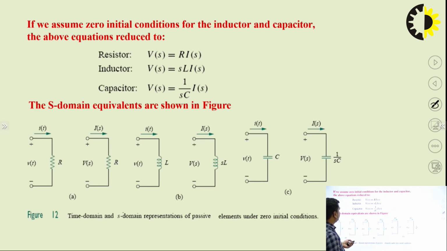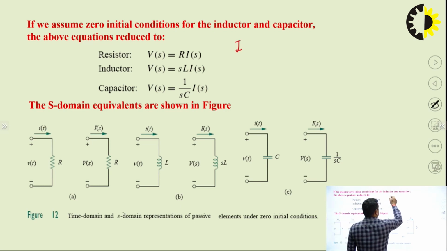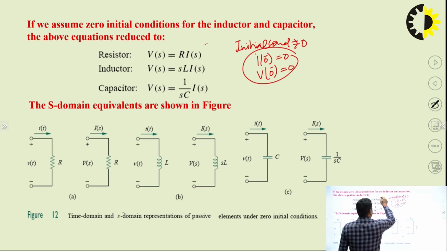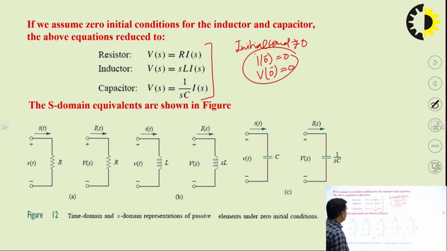If we assume zero initial conditions, as I told you, then i(0-) equals 0 and v(0-) equals 0. Then V(s) equals R I(s), V(s) equals sL I(s), and V(s) equals 1/(sC) I(s).